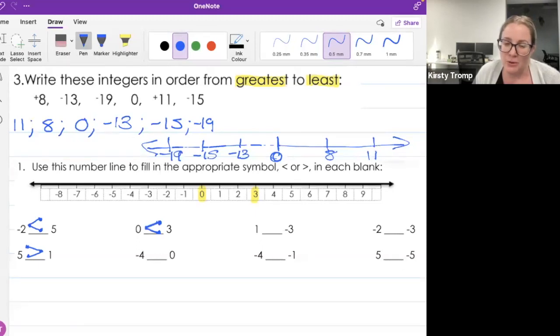It's 11. So even though the negative numbers are there, the number that's furthest to the right is the greatest number. Does it make sense, Unati? I see, ma'am. Good. Thank you, Unati. Thank you for your question.